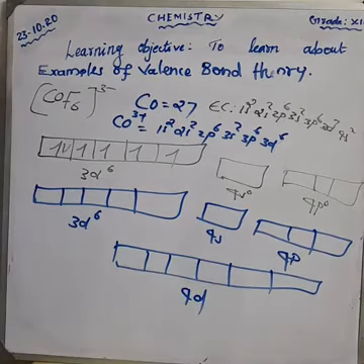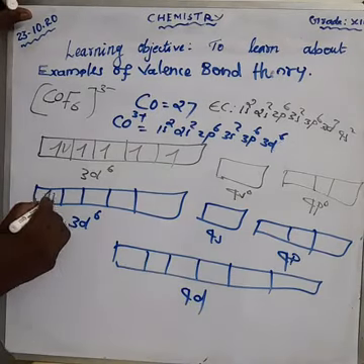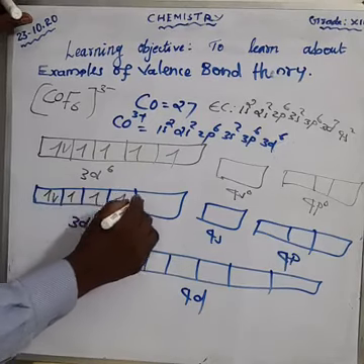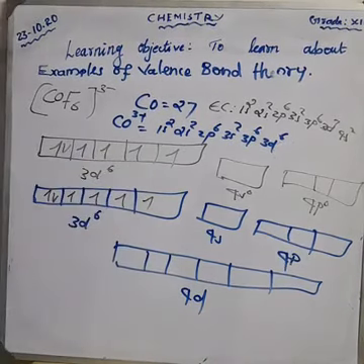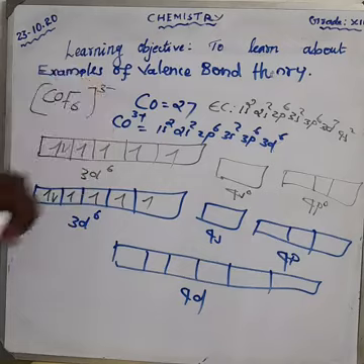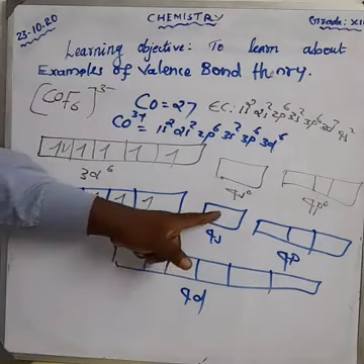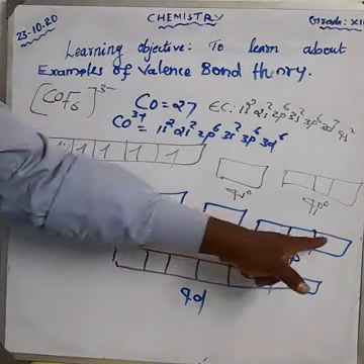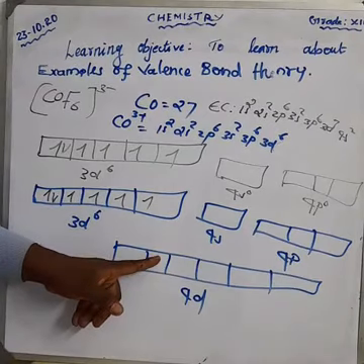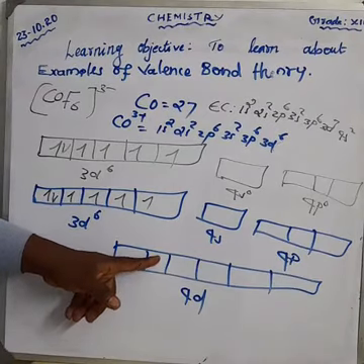Here, how many electrons? 1, 2, 3, 4, 5, 6. This is over. How many vacant orbitals are there? 1, 2, 3, 4, 5, 6.